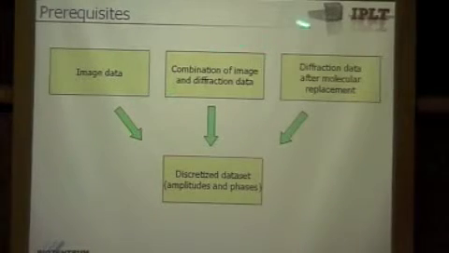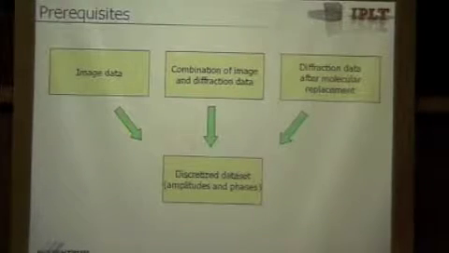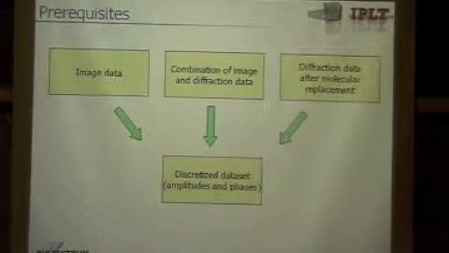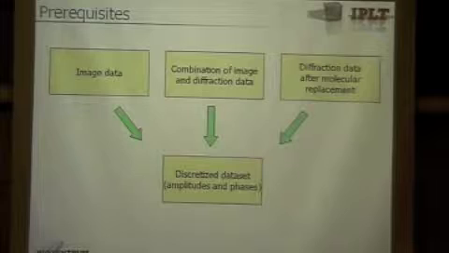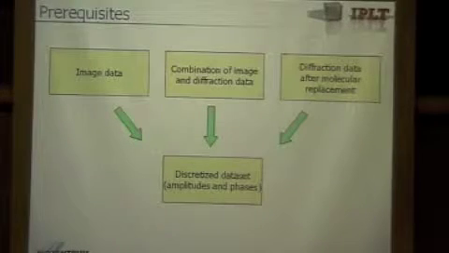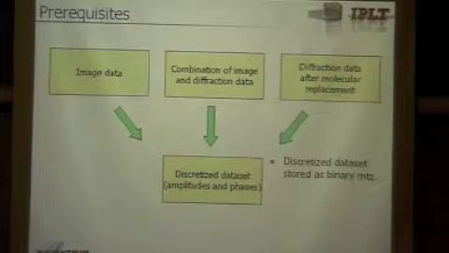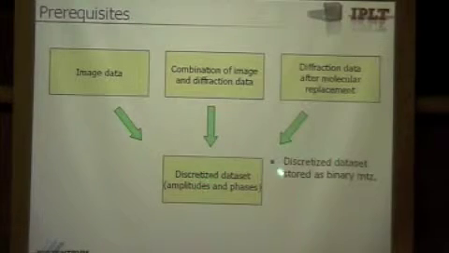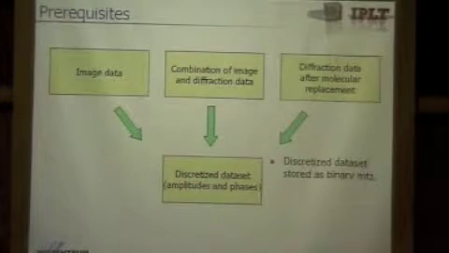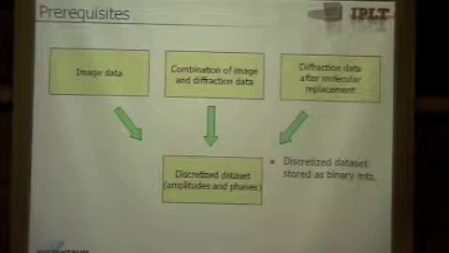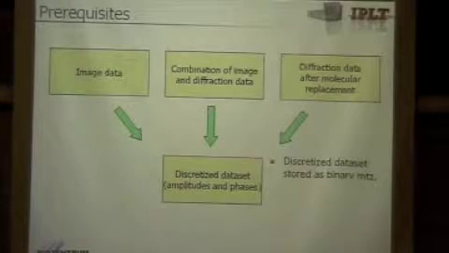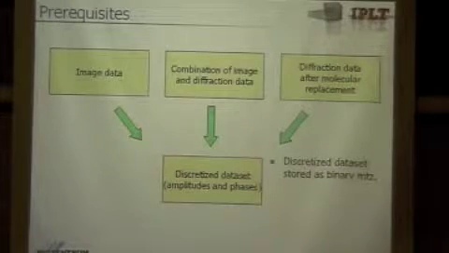And the third method is just to record pure diffraction, and then you have to do some kind of molecular replacement and refinement to get phases. And once you have these, you normally have this data set, and you save it as a binary MTZ file. That's the standard file format used for CCP4, the one we also use in the facility.